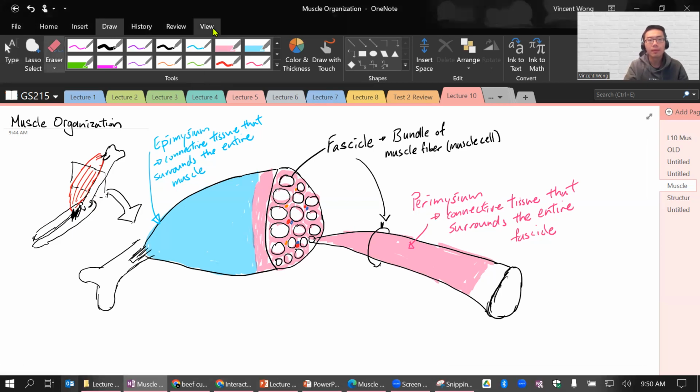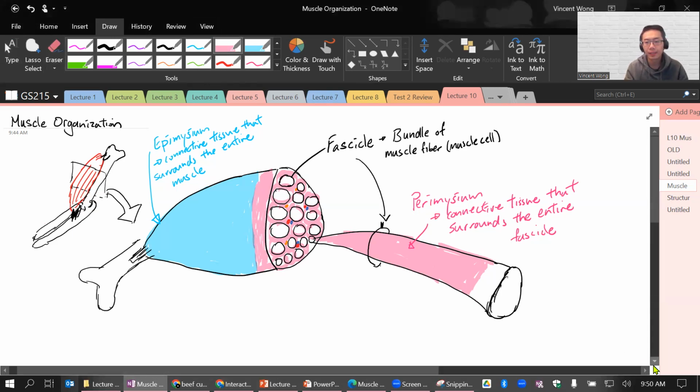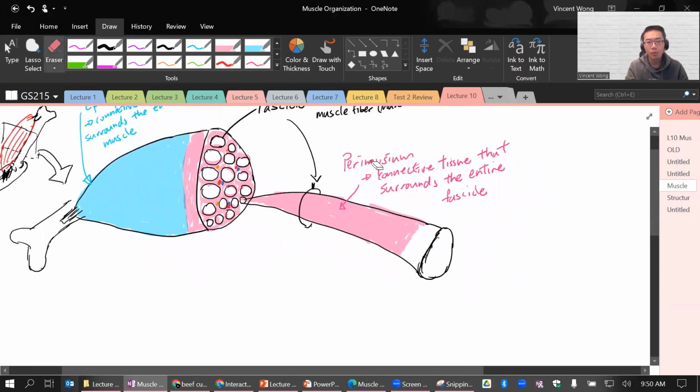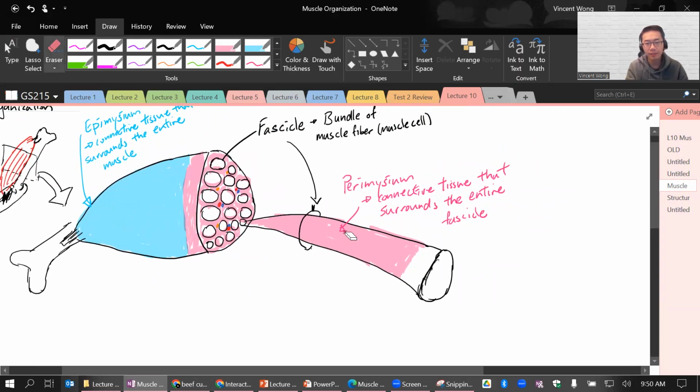Okay. So that's that. So the fascicle, remember, is a bundle of muscle fibers, right? Bundle of muscle cells. So over here, we can see all the individual muscle cells. And again, one more food analogy, and I will stop.